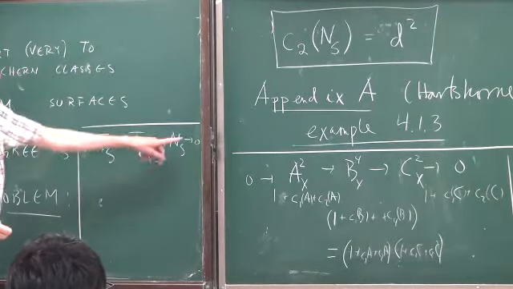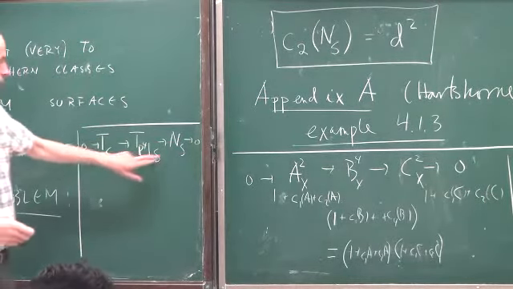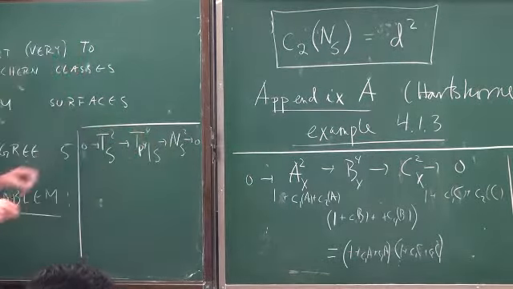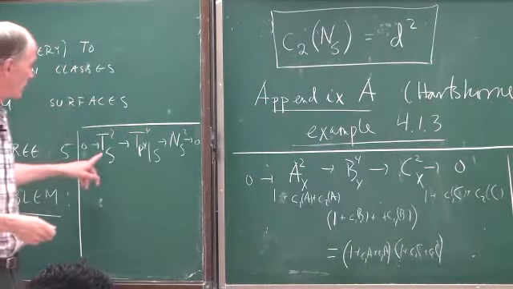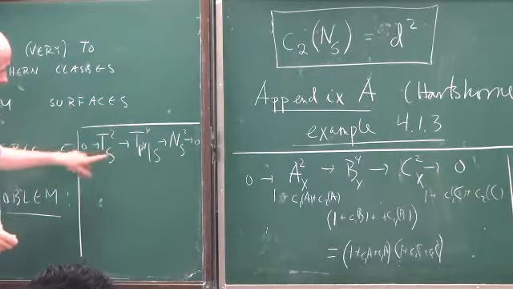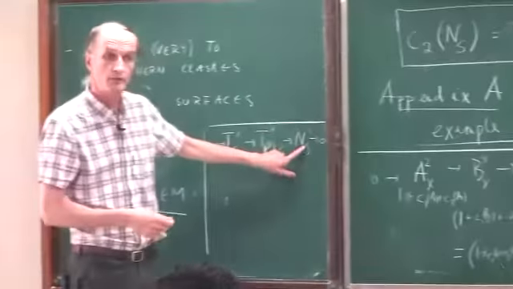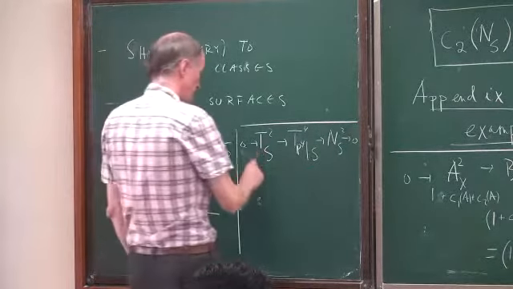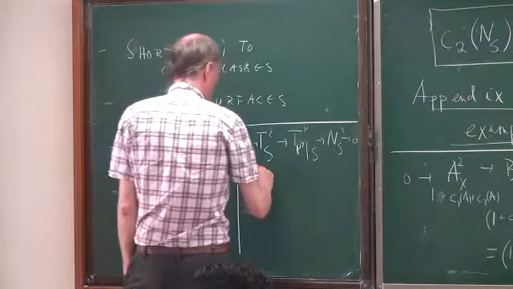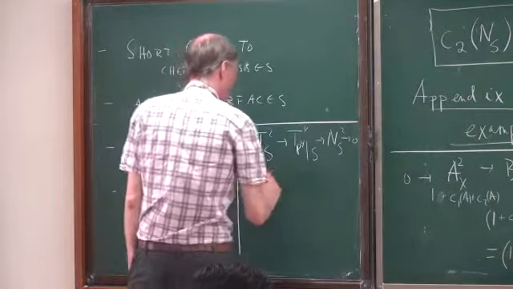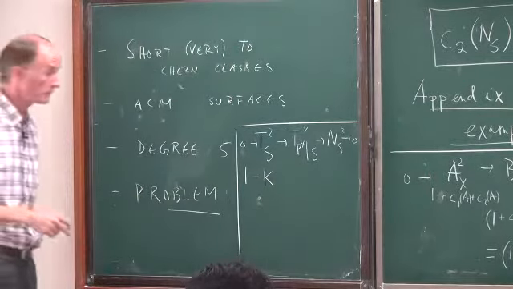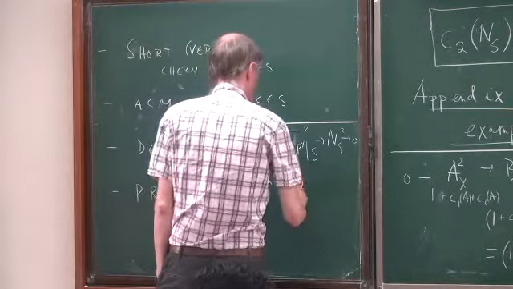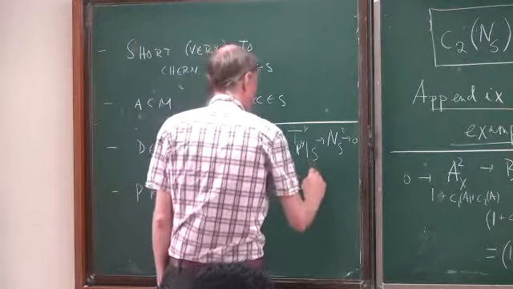So here you have an exact sequence of vector bundles on the surface. This one is of rank 2, this one is of rank 2, and this is of rank 4. And if you now write the Chern classes of these two, you get the Chern class of this one. The Chern class of the tangent bundle of the surface is 1 minus K, the canonical divisor, which is C1 of the tangent bundle, and then there is the C2 of the tangent bundle.